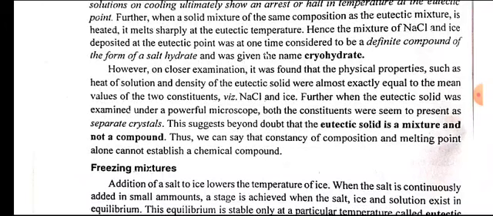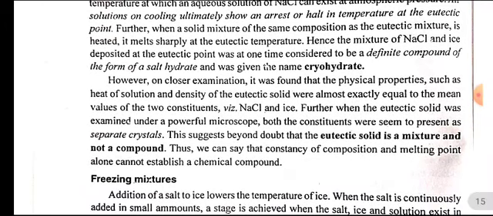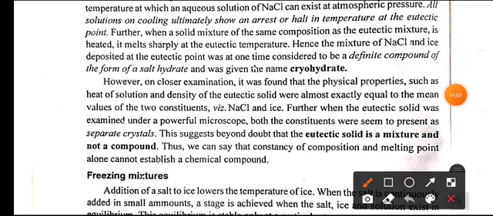However, on close examination, it was found that the physical properties such as heat of solution and density of the eutectic solid were almost exactly equal to the mean values of the two constituents, that is sodium chloride and ice.